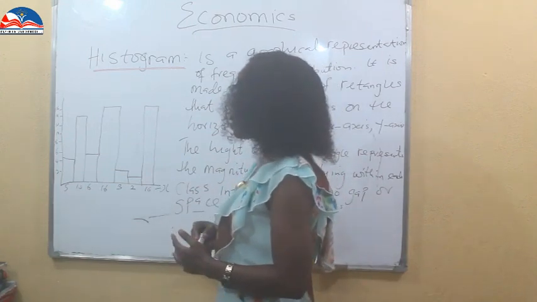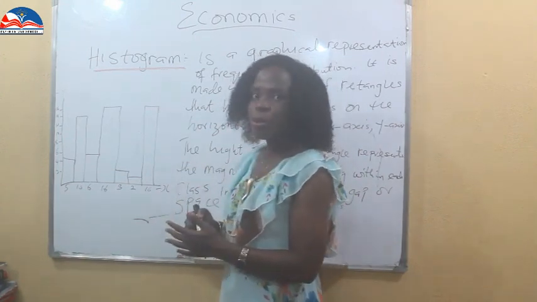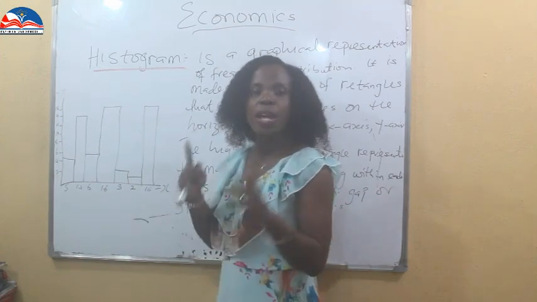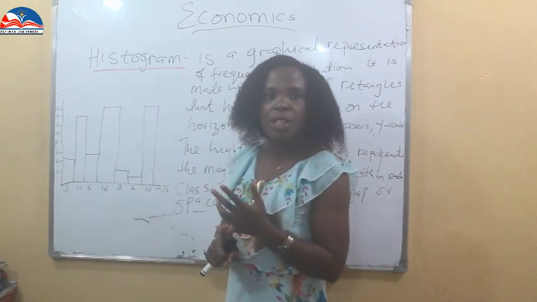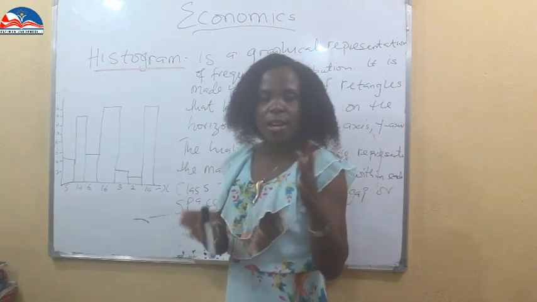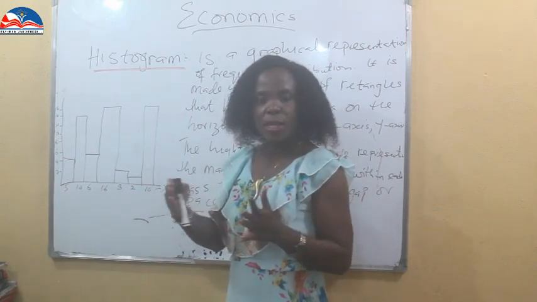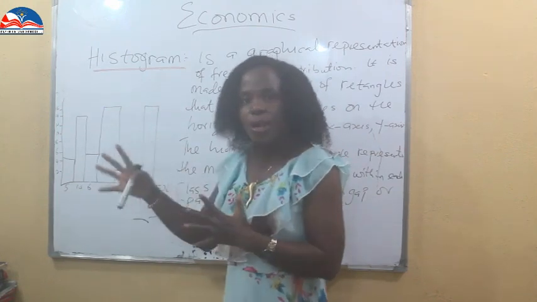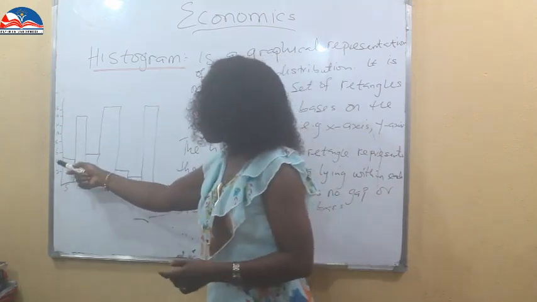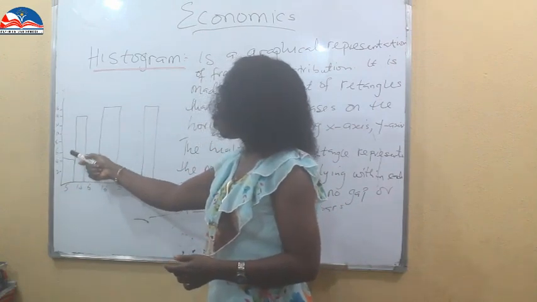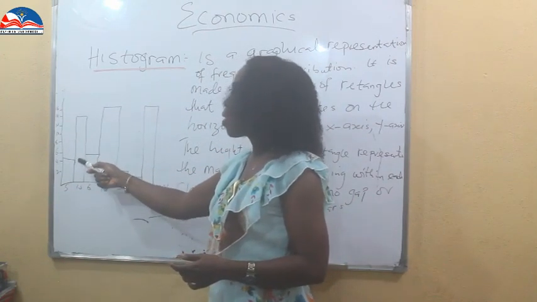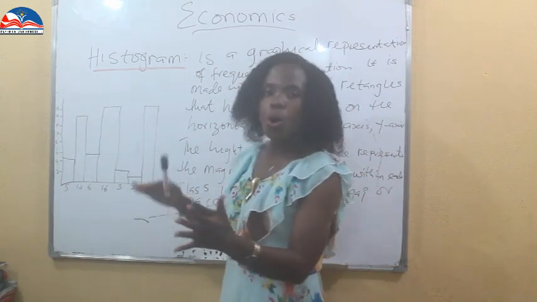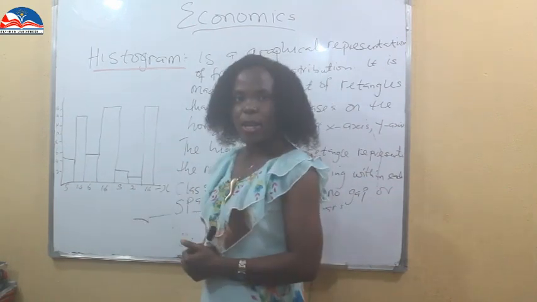And we are told that there is no space in between each of these rectangles, like we have in simple bar chart and component bar chart, where there are spaces in between and the spaces have to be equal. In histogram, the rectangles are joined together. You see my example? The first is joined to the second, the second to the third, and on to the fourth, fifth, sixth, seventh. So all the rectangles are joined together.